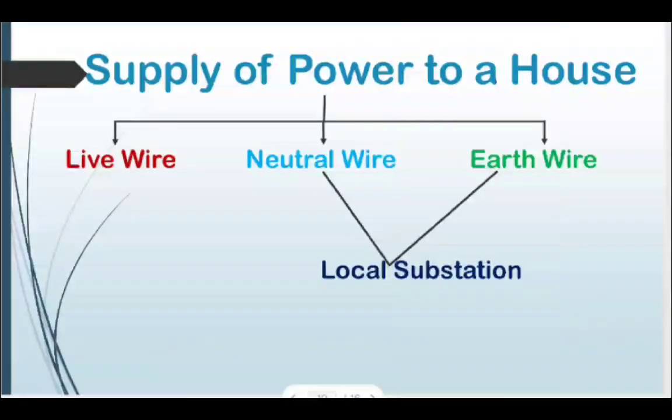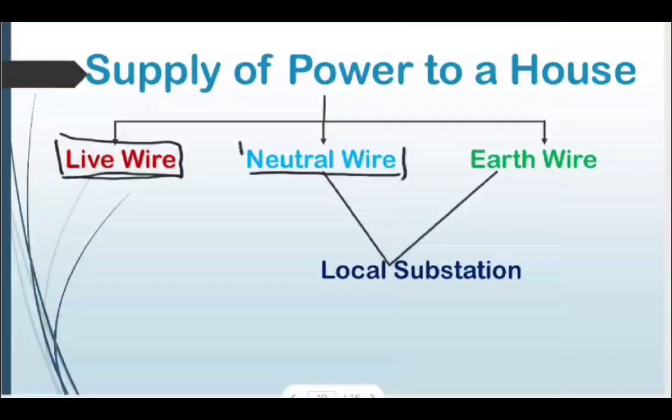Now we need to learn a little about these wires, these cables. They are color coded, children. The live wire, the live phase, is red in color. The neutral wire is either blue or black.